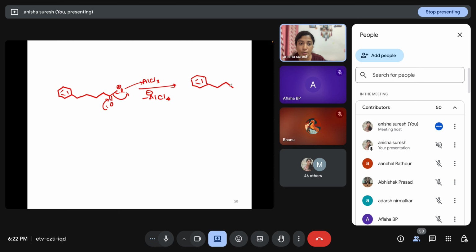1, 2, 3, 4, O plus. Positive charge on oxygen, okay? Now, the benzene, this double bond can go and attack on the carbon atom, utilizing the positive charge on the oxygen atom.